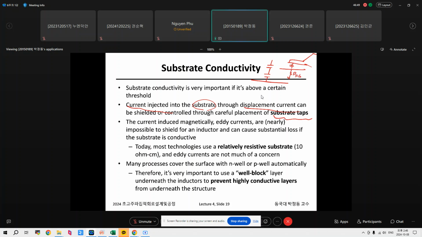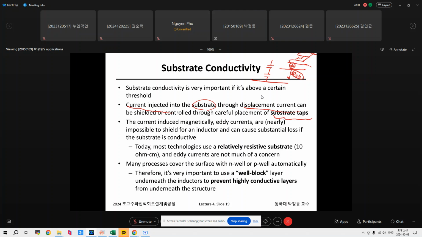This capacitor, okay, let's say this is the structure. I don't want this stray cap, but unfortunately it exists, and this will induce lots of loss. How can I avoid this loss?